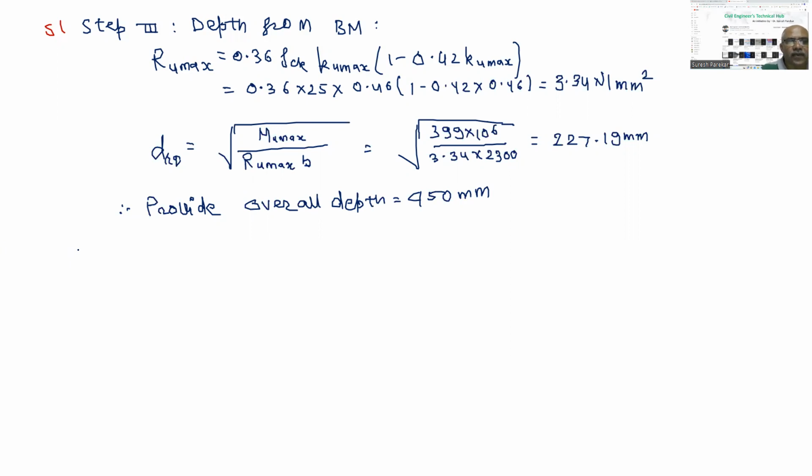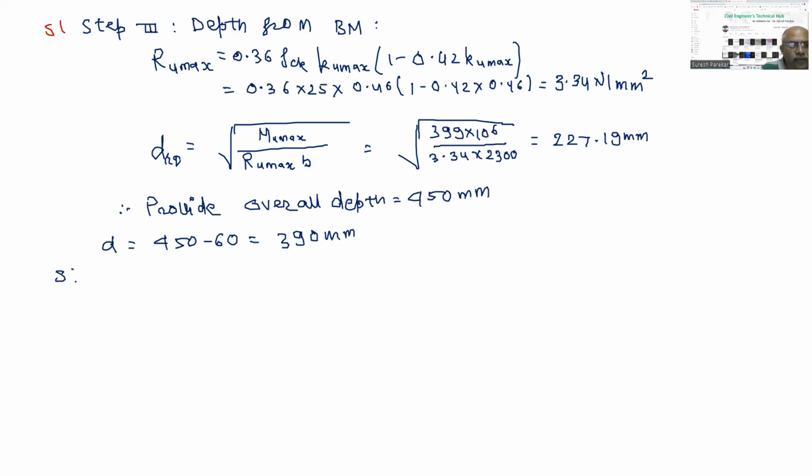That is check for shear, one way and two way. Here we have to go only for two way. Now we have D equal to 450 minus 60. This D, then we will get it as 390 millimeters.